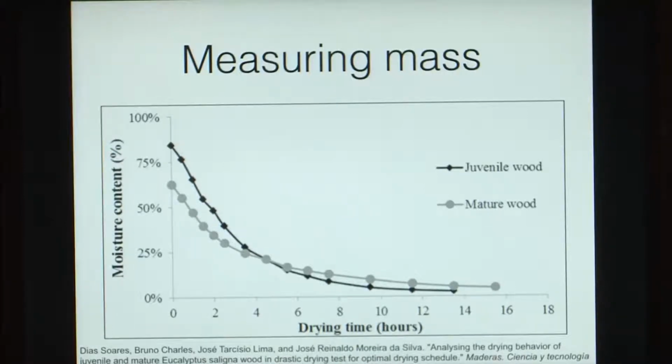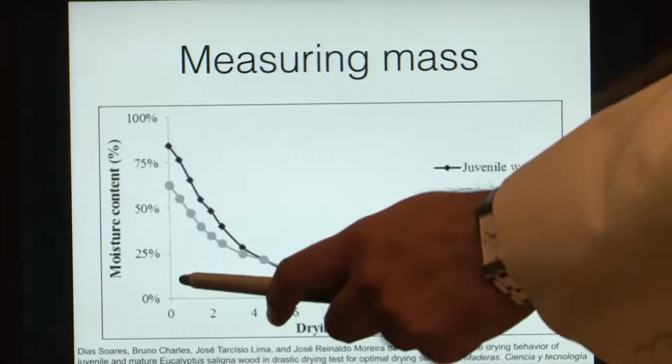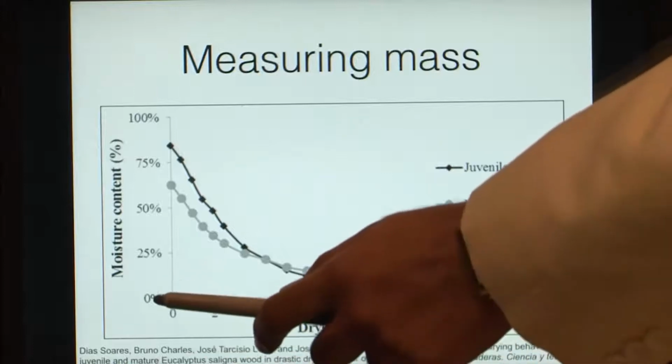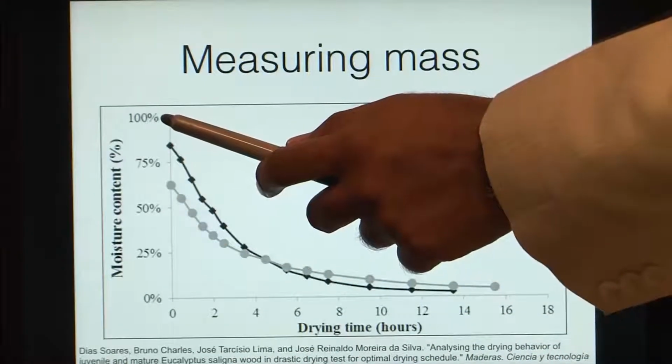For instance, this curve is showing you two samples, one from a juvenile wood, that is a young wood, and one from a mature wood, against their drying time in hours. On the x axis we have plotted the number of hours of drying time, and here we have put the moisture content.